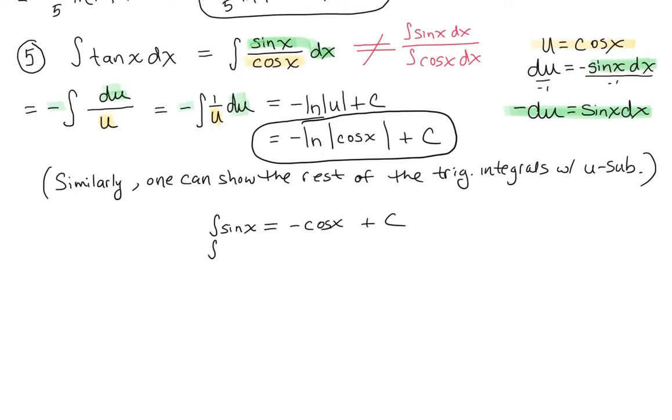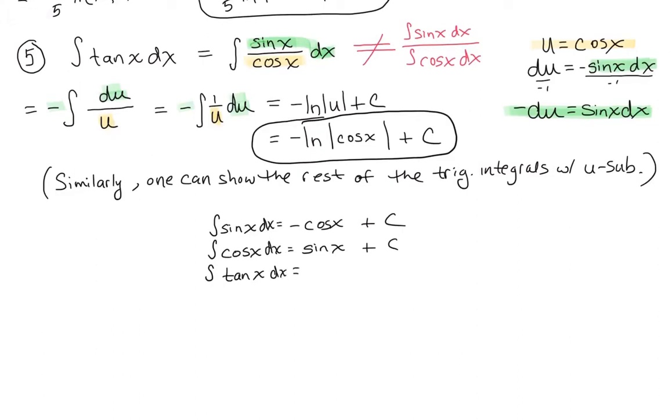And we already knew the antiderivative of cosine was equal to sine of x plus c. Now we've just shown tangent. Oops. Gosh darn it, I left off my dx's. Hold on. dx.